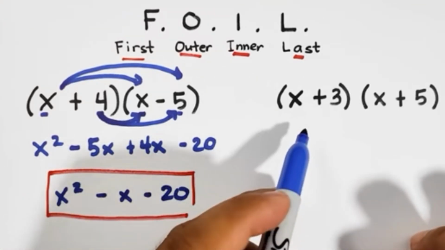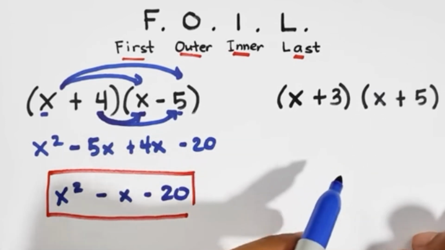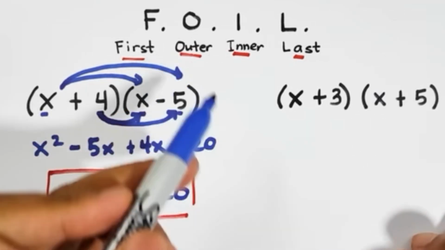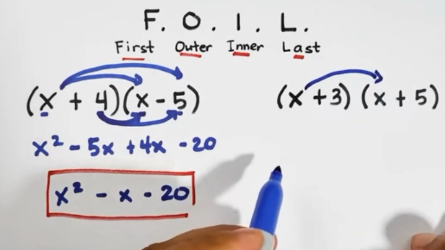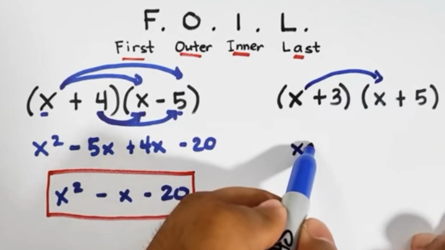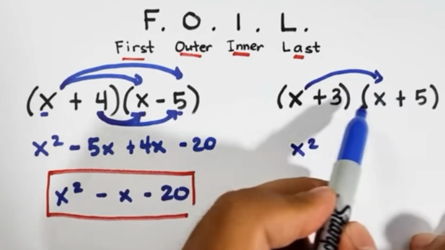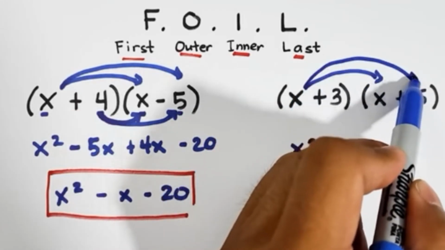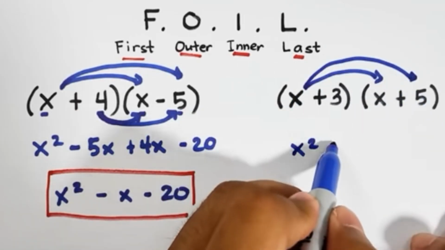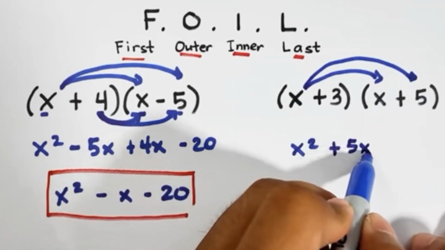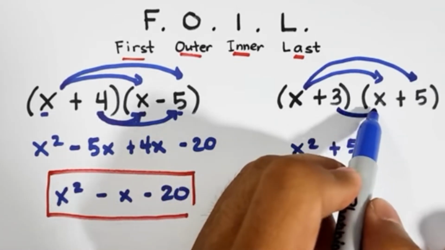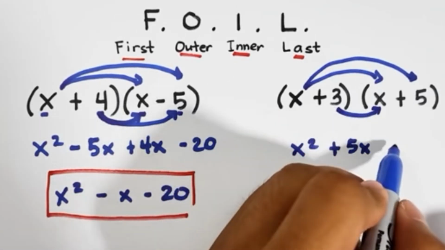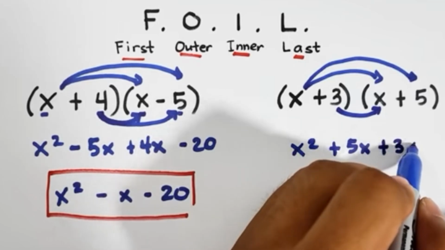Now let's proceed with x plus 3 times x plus 5. Using the FOIL method, the first terms, x times x, we have x squared. x and 5, x times 5, that is plus 5x. Next, 3 times x, that is plus 3x.